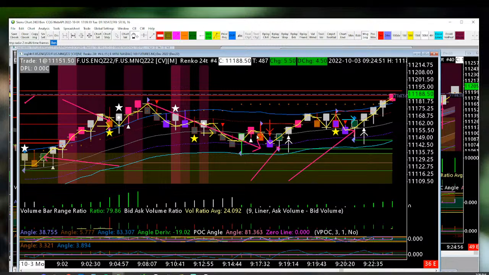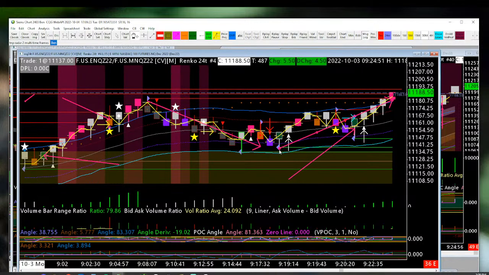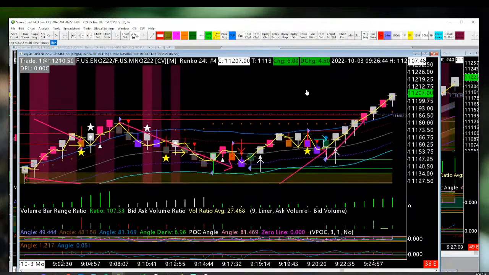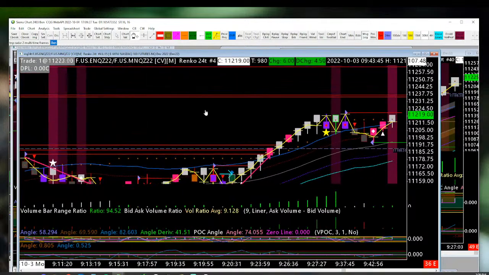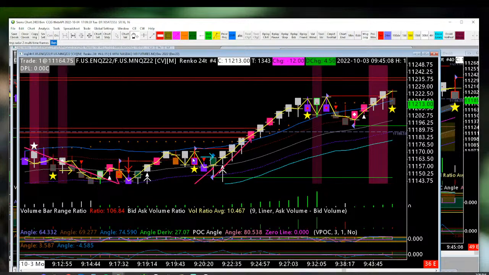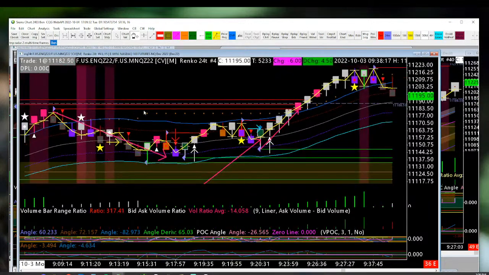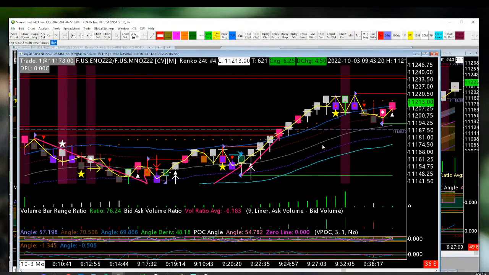Notice there's no green bars getting broken here, right? So in other words, like we said before, since this rotation started with the green bar, I should assume that that low probably holds. And if it does get broken, it's probably going to get trapped back in. This one started with the green bar. I should probably assume that that green bar holds. There's no orange bars at these apexes. See that? No orange bar, no orange bar, no orange bar at the apex. So any of the sellers.